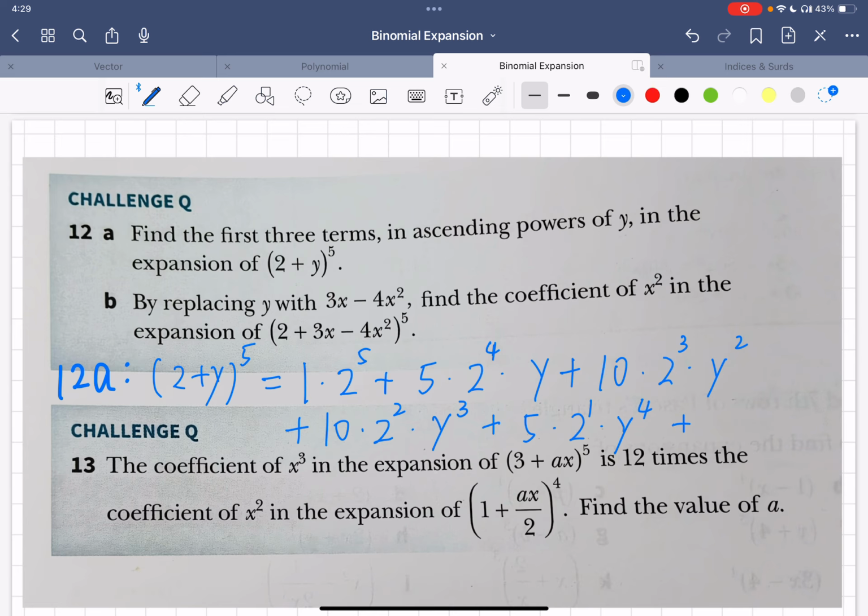And lastly, we have 1 times y to the power 5.